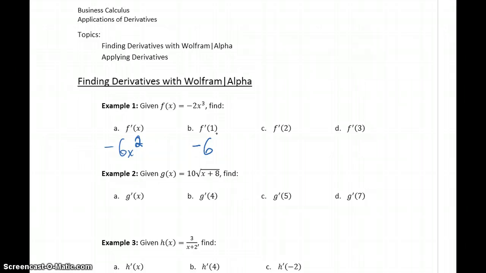Similarly, we could update that phrase to evaluate it at x equals 2, which should give you a result of negative 24. Evaluating that derivative at 3 should give you negative 54. I'd encourage you to go ahead and try those other two examples just to make sure you're able to get those same results.